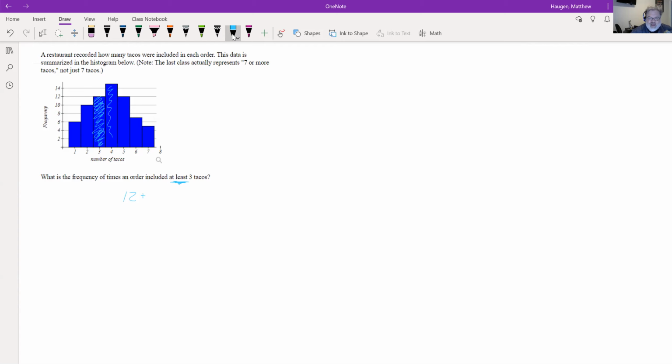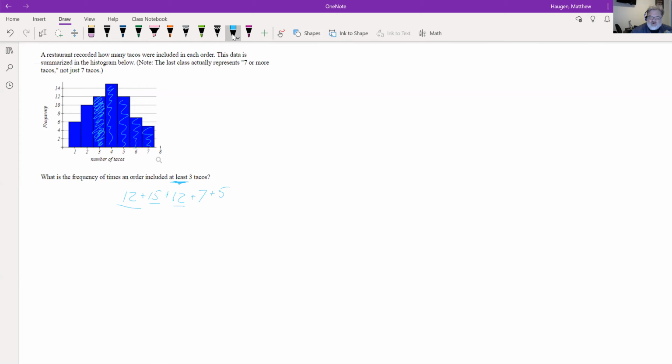So we've got to add in this bar, this bar, this bar, and that bar. So it's those 12 plus these 15 plus those 12 for 5 tacos, all 7 of the orders of 6 tacos, and all 5 of the orders of 7 tacos.